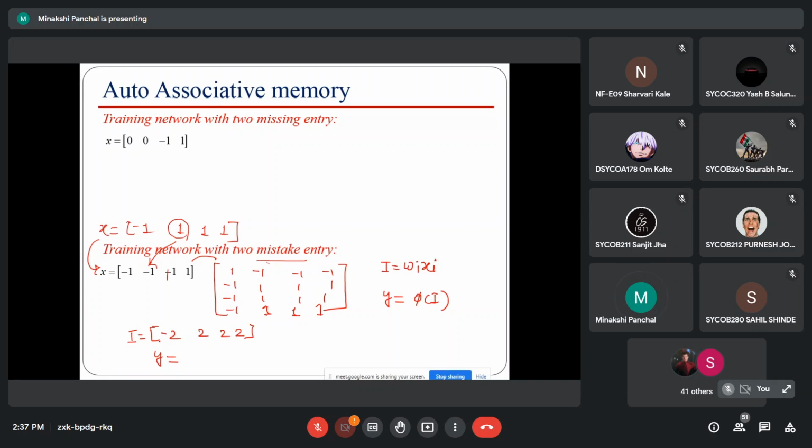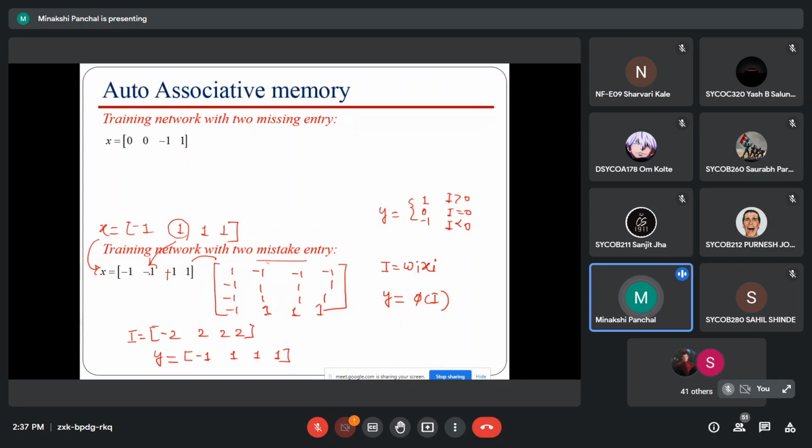Okay, I think it's correct. -2 2 2 2. This is the value of I. So from this, what is the value of y? Y is 1 if I greater than 0, 0 if I equals 0, -1 if I less than 0. So -1 1 1 1. Okay, see from where you have started.